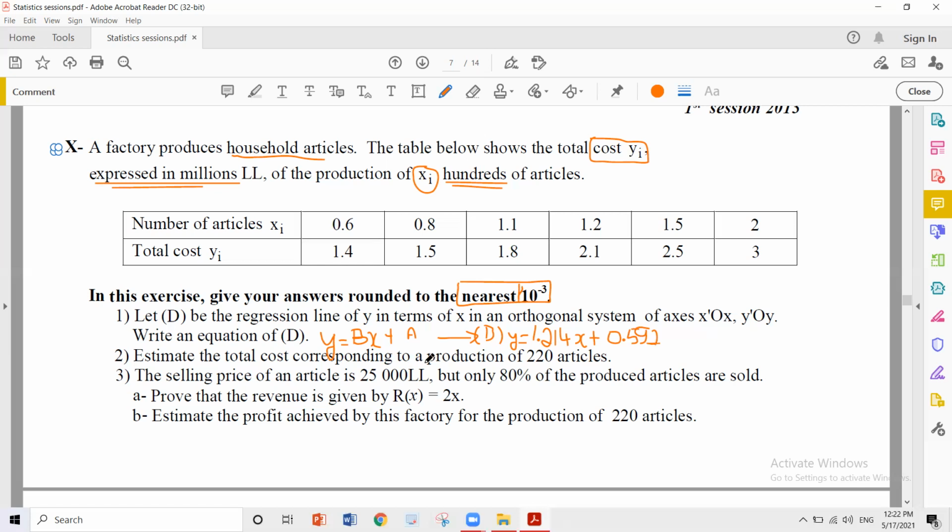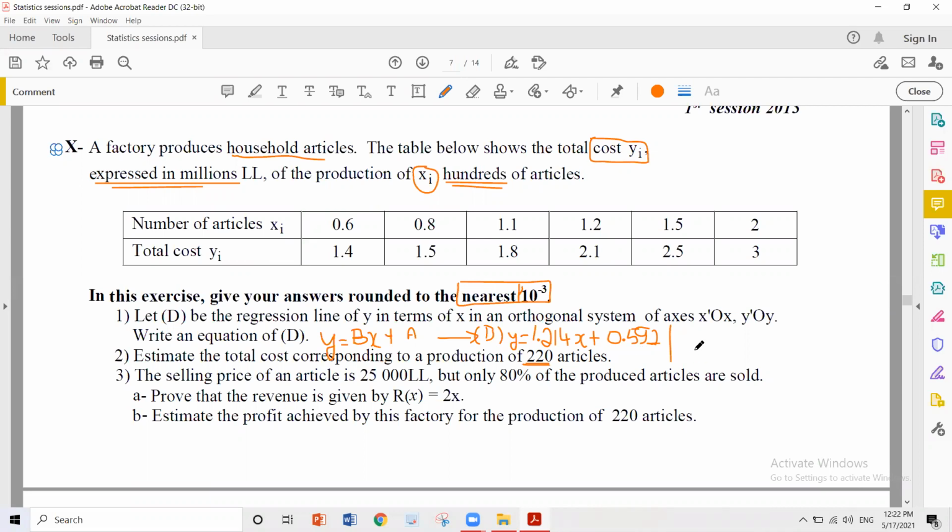Part 2. Estimate the total cost for a production of 220 articles. How to find the total cost for a production of 220 articles? What we have to do to find the cost? The cost is Y. Yala, I am waiting.